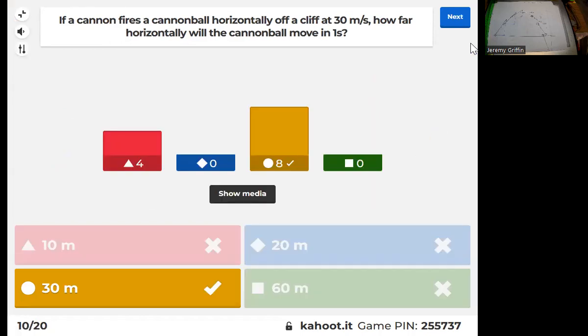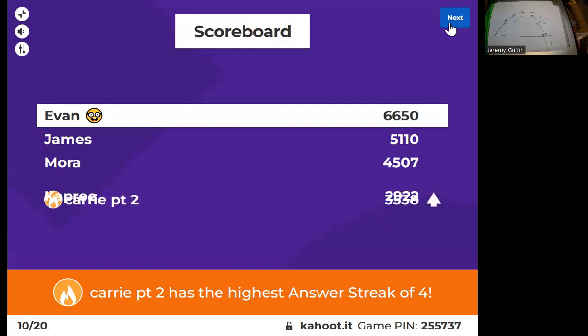Because if it's going across the field at 30 meters per second, then every second it goes across 30 meters. Right? Notice this question has nothing to do with the vertical direction. I mean, as long as the cliff is tall enough, it can still be a projectile. That's all I care about. It's only asking about how far across the field. That's a horizontal question. X equals VT.